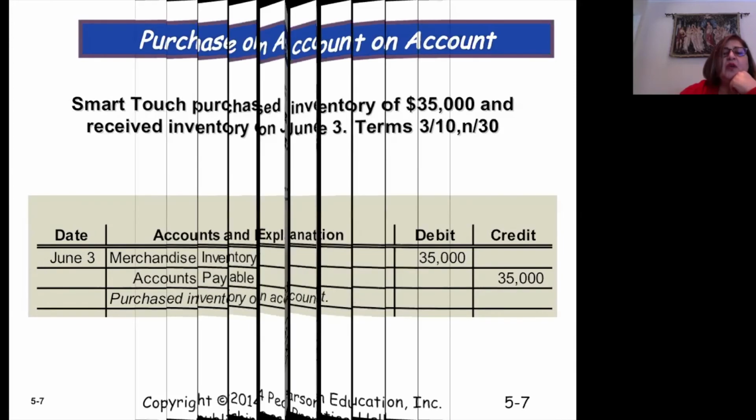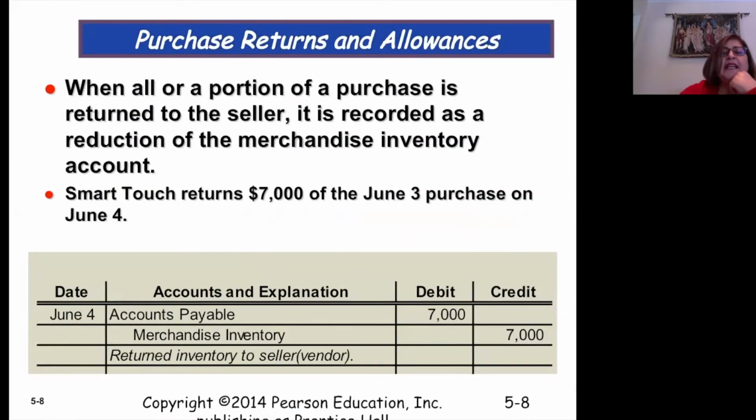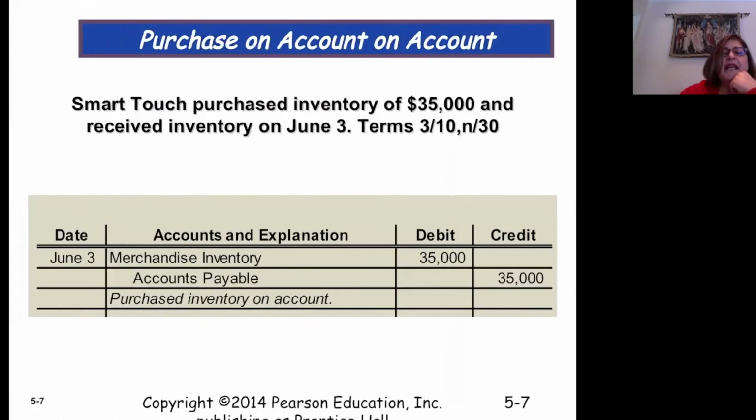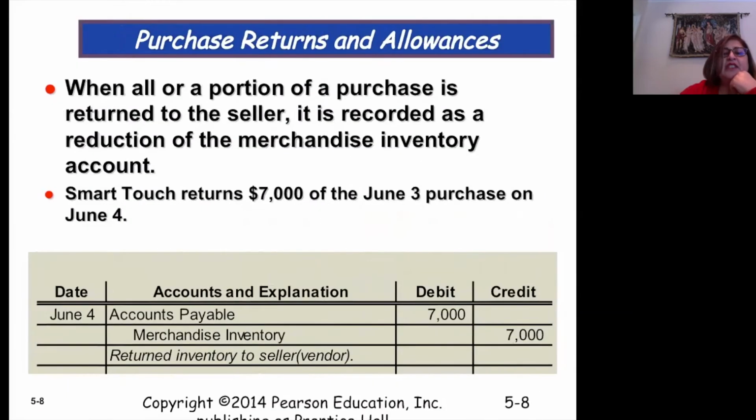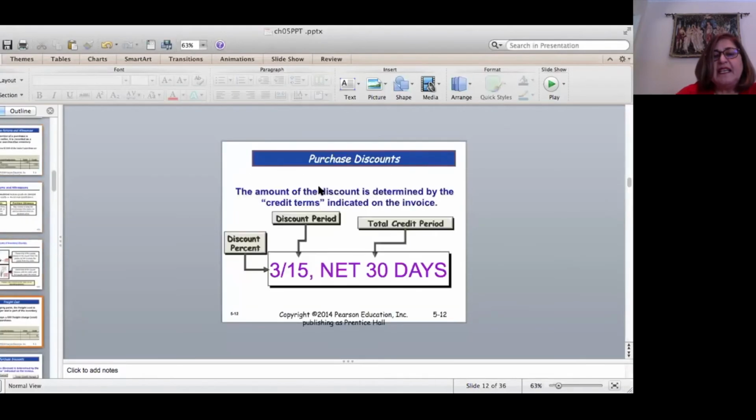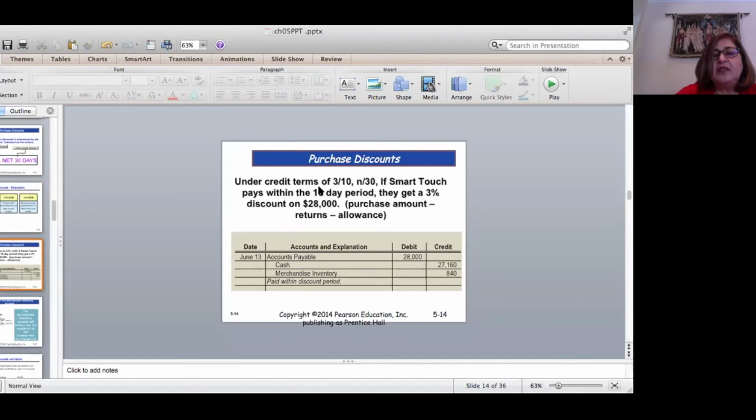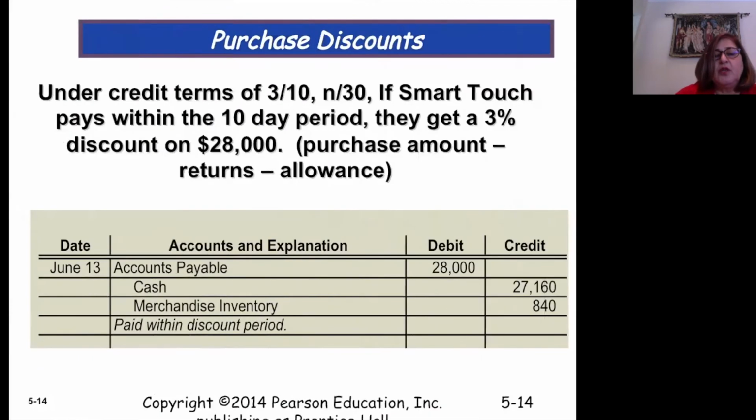So we only owe what? $28,000. 35,000 minus 7,000 return is 28,000. Therefore, we can take discount on the 28,000 that we owe. So this 840 is calculated by taking 28,000 times 3%.